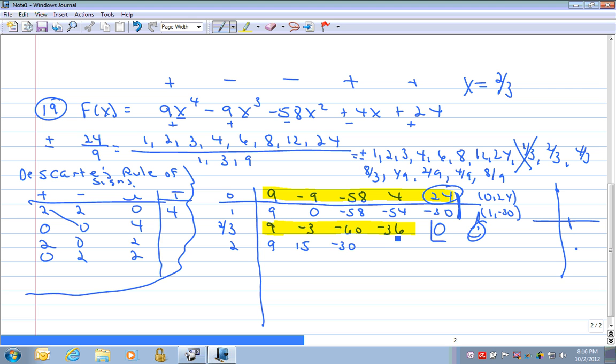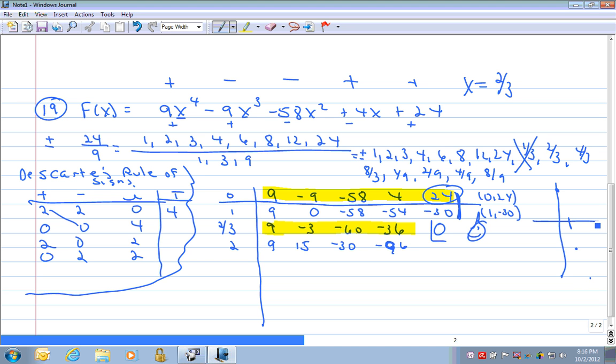Oh, sorry, negative 60 and negative 36 would be negative 96. All right, negative 96. So at 2, we're way down here further. So we haven't started coming back up yet.